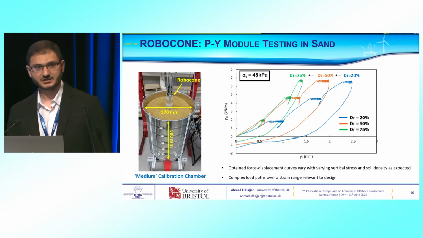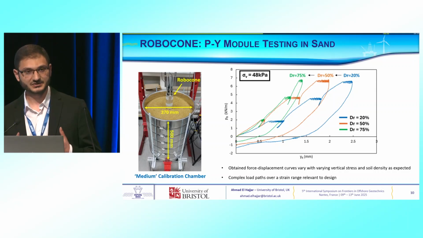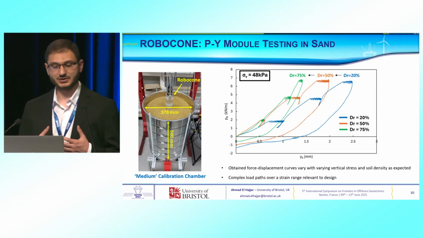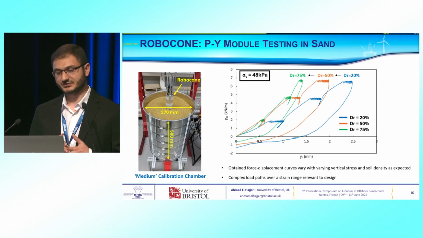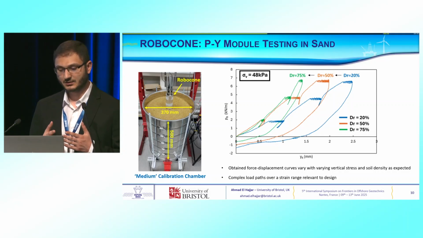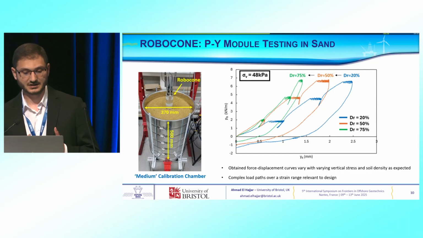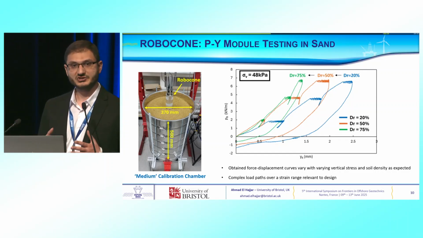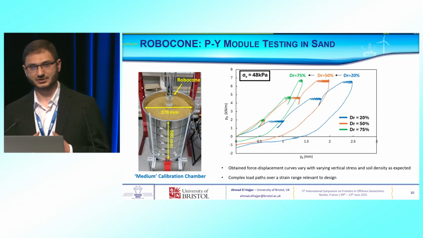So we can see how the Robocon can apply different loading, and we can see how the response is changing when we are changing the density of the soil, and also we can see how we can keep the load constant before doing the cycles to dissipate the horizontal displacement, and then we can do elastic unloading and loading to get the stiffness.